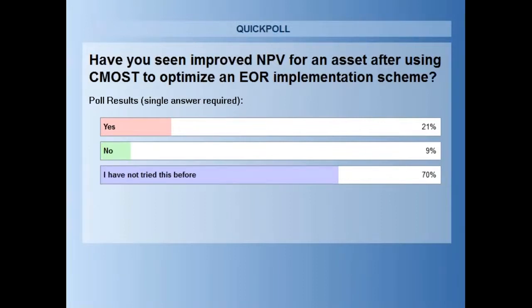Hussein is going to show some of the case studies which demonstrate the power of CMOST to optimize these recovery mechanisms. You'll also find several technical papers written by CMG and by different companies in the SPE literature that demonstrate how CMOST can be used for improving and optimizing the design of an EOR scheme.